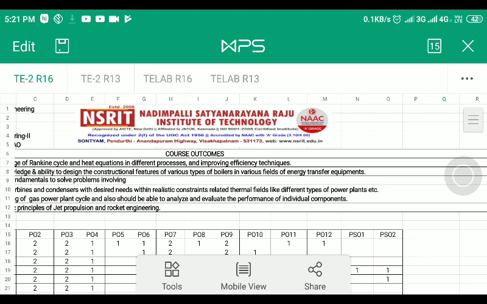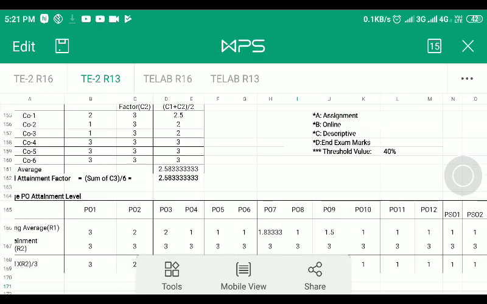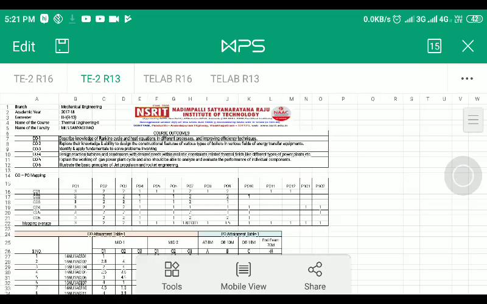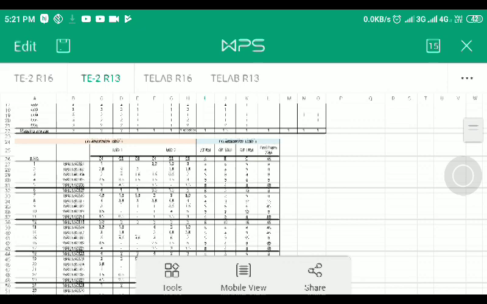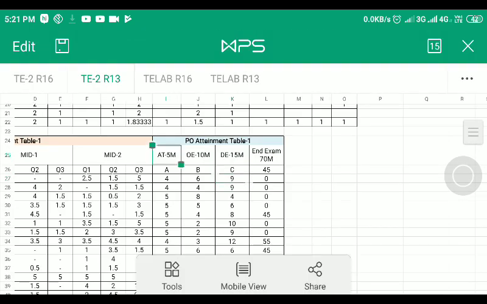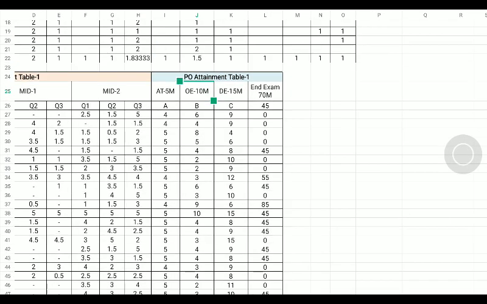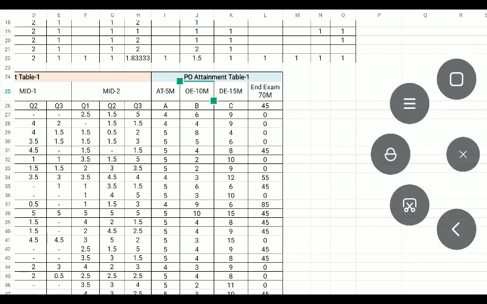This is for R16. Similarly for R13 also, same procedure, just you have to enter the marks, but here you have to take the best one. That means you are having 2 mid exams, so based on that you have to take the best mid marks.